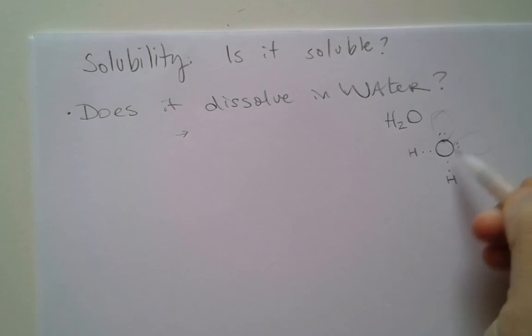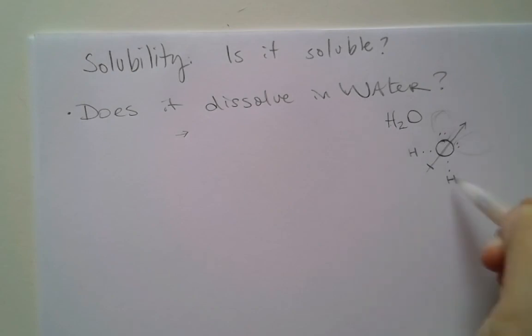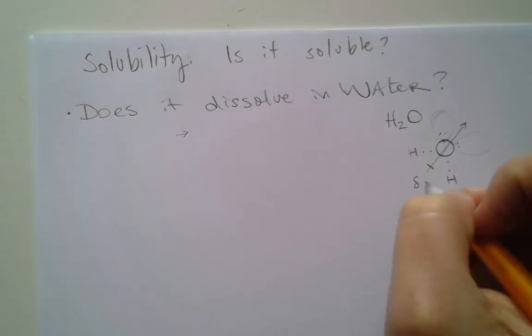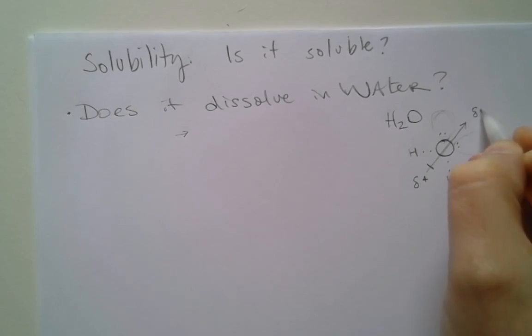On one side, there's a whole lot of electron density, a lot of negative on that side. And on this side you've got two extra protons hanging out, relatively more proton density. This is your slightly positive side, and this is your slightly negative side.